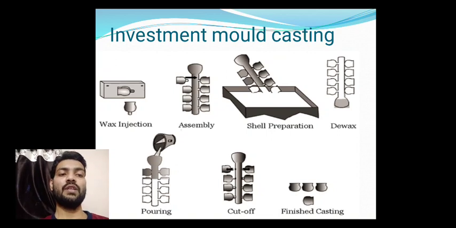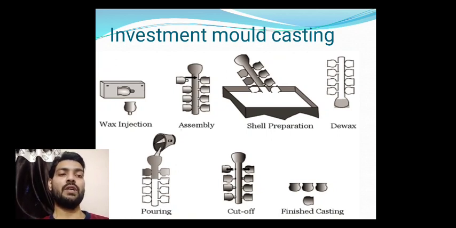This pattern tree is covered with a thin layer of refractory material. After completely coating the refractory material, then heat the pattern tree, and all the wax is removed from the pattern tree.